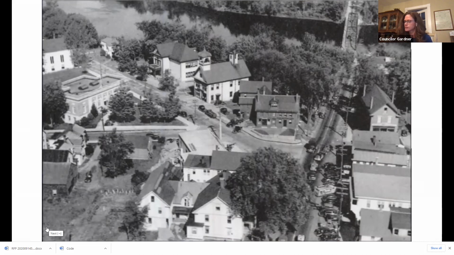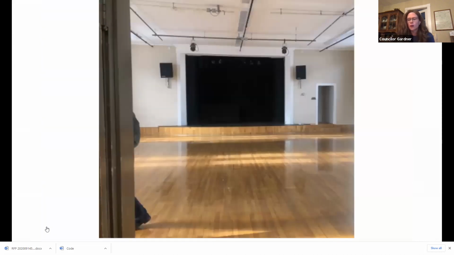If you could advance the slide, please. So it continued to function as a community center. And when the library moved in there in 1918, actually a group of residents got together and formed a corporation. So it was called the Orono Public Library and Community Center Corporation.